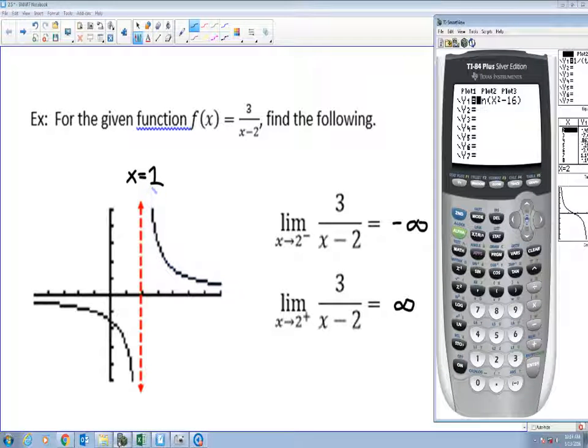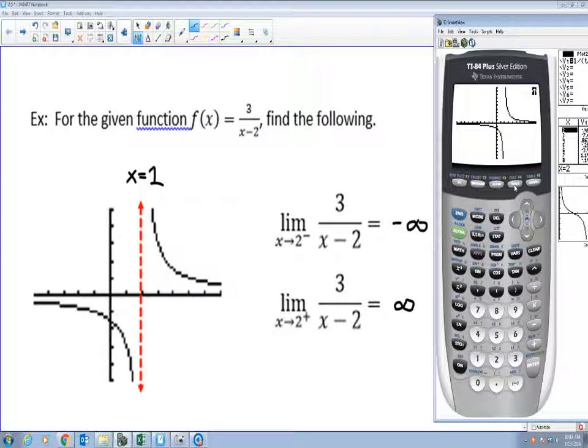We can check that by graphing the function 3 over x minus 2. What I'm going to show you is I'm going to pick a number on the right-hand side, coming from the right-hand side of 2.